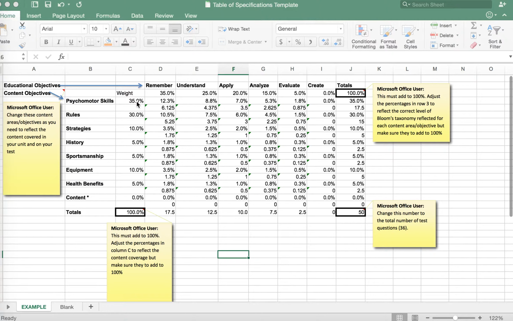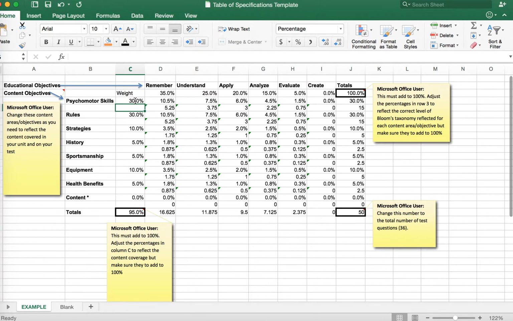In this example, we're saying that we have 35% of our unit learning psychomotor skills. 30% of the unit was rules, 10% was strategies, 5% was history, 5% was sportsmanship, 10% was equipment, 5% was health benefits. Now, that totals 100%, and that will automatically change as you change the percentages in the Excel.